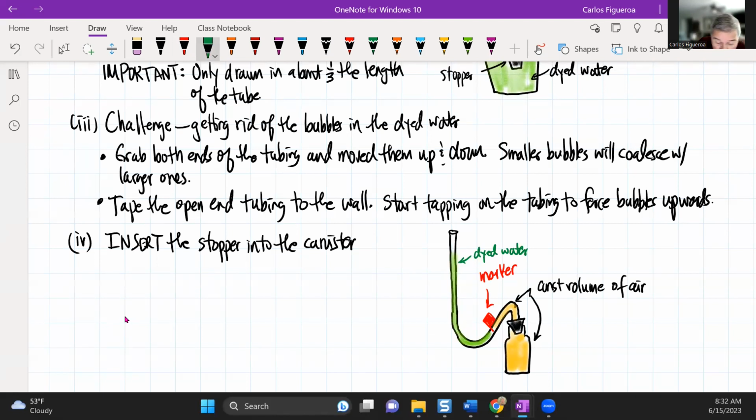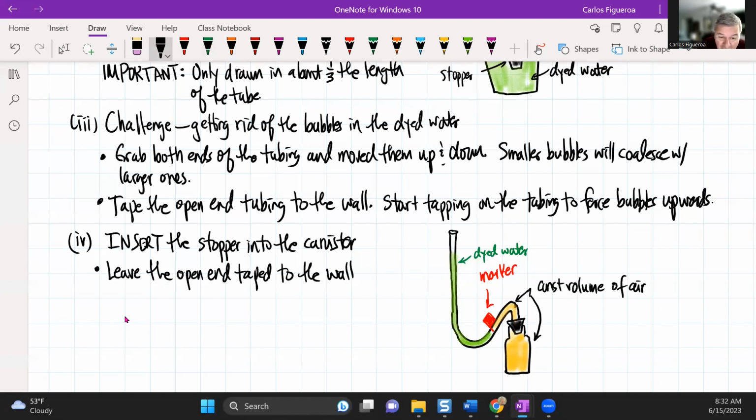So again, what would I do? I would leave the open end taped to the wall. That frees up your hands.